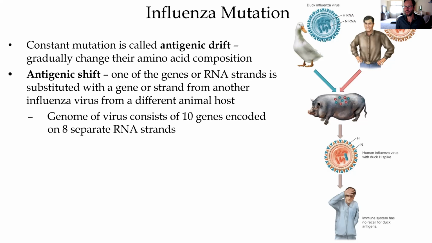Okay, so you have the human influenza virus, and it's undergoing some antigenic drift on its own, right? Slowly mutating. Then you have the duck influenza virus, that's doing some antigenic drift slowly on its own. But for whatever reason, those hemagglutinin and those neuraminidase spikes are both able to bind to the pig. And now we have a swapping, we have an antigenic shift where the segments of the human flu and the segments of the duck flu package into one.